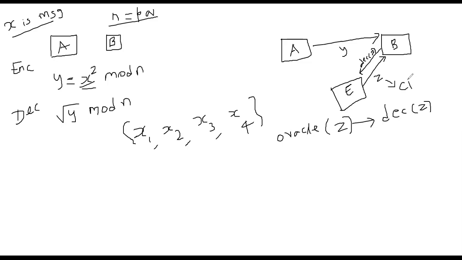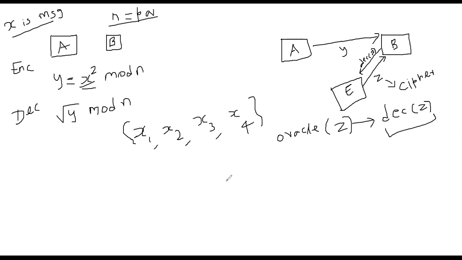Z is the ciphertext. What is the reply she's getting back from Bob? Plain text, the decryption of Z. You may wonder how can this help Eve to learn X? The answer is pretty neat, because of the way the mathematics works here. Let me now dive into the math part.